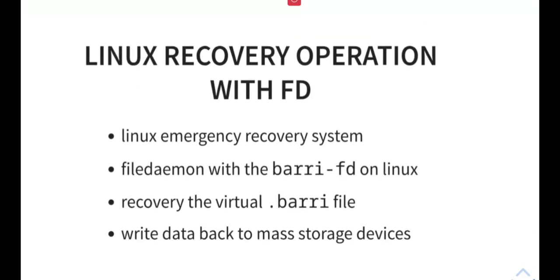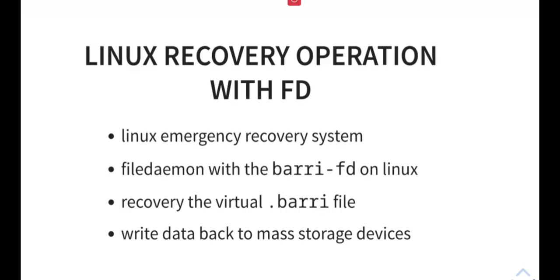Then the normal way of recovering a system, or at least the envisioned way that we thought probably makes most sense, is that you start a Linux live system, for example, that contains the Bareos file daemon and the Linux version of the Barri file daemon plugin.